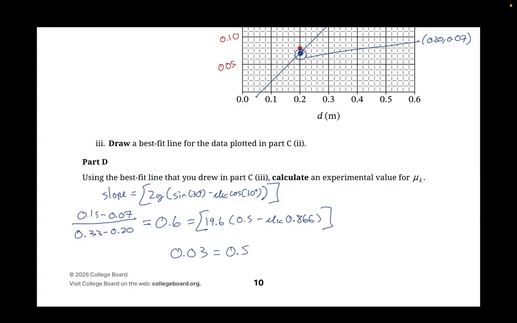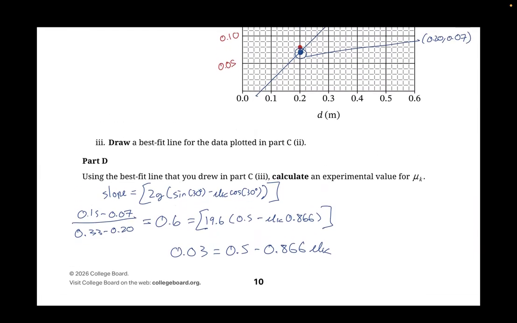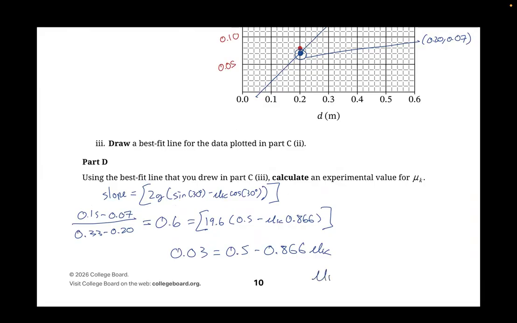That's equal to 0.5 minus 0.866 mu sub k, and then we can solve that. I think we end up getting about 0.54, which hopefully is in the range. So mu sub k is equal to 0.54.